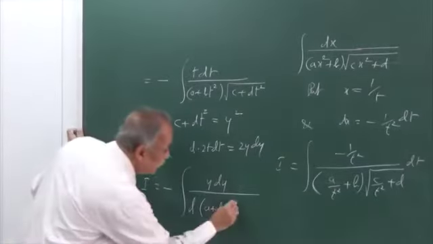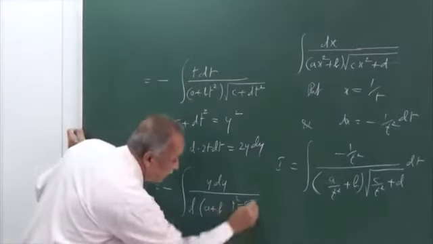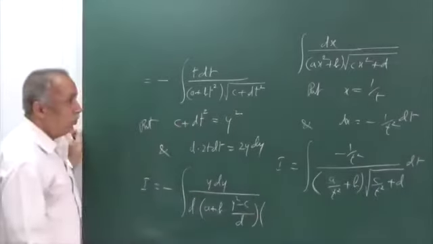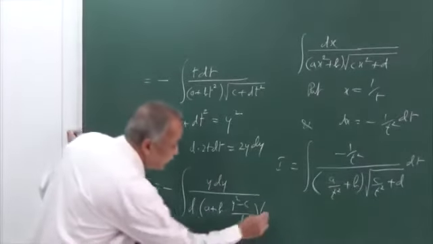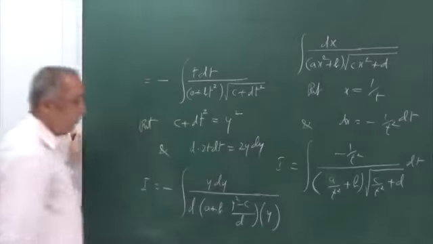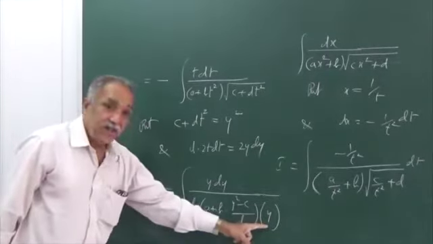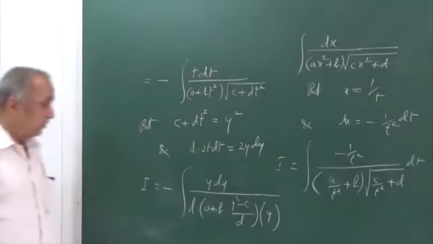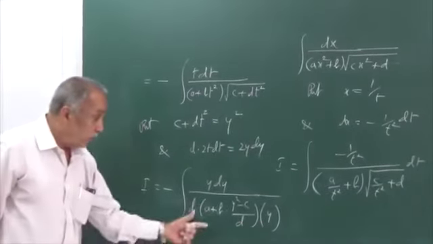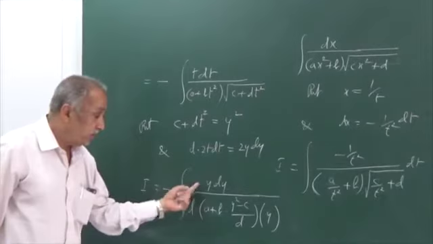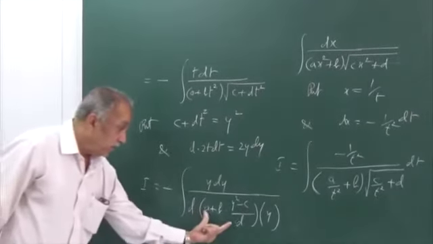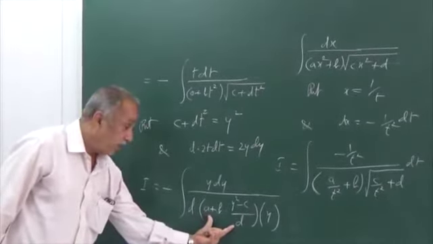T square is y square minus c by d into root of c plus dt square is simply y. This y gets cancelled against this y in denominator. The numerator becomes a constant. Denominator becomes a simple quadratic.